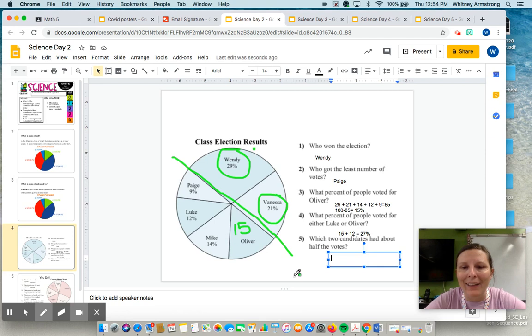So just by looking at it, I can tell that Wendy and Vanessa got about half of the votes. If I wanted to be more specific about it, you could add these 2 numbers together and see how close to 50% it was. Okay, so I've got all 5 of those questions answered.